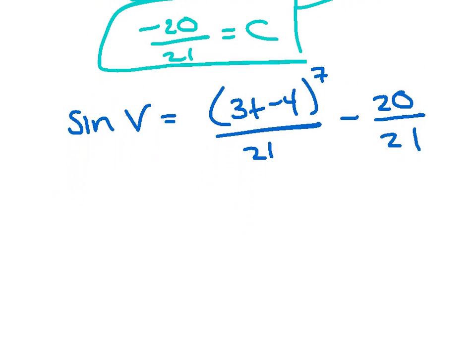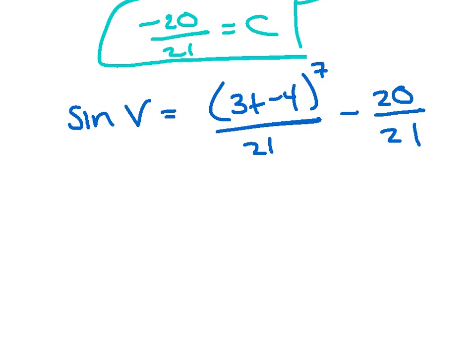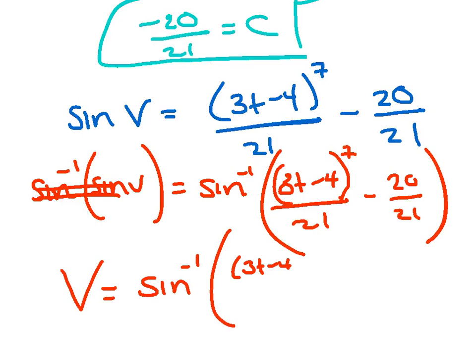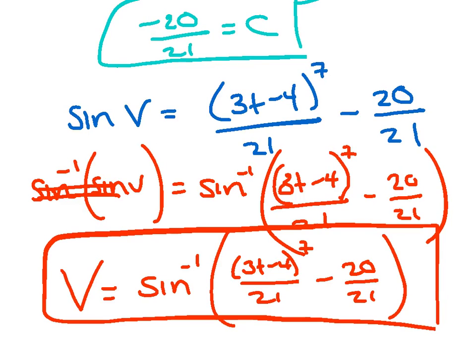So think back to your basic algebra 2 trig. You can't divide sine over. The only way to kill a trig function is to take its inverse. So I'm going to do sine inverse of both sides, that kills my sine function. So I get v equals, and again, you can either use arcsine or sine inverse of the quantity 3t minus 4 to the 7th over 21 minus 20 over 21. And there you have it.